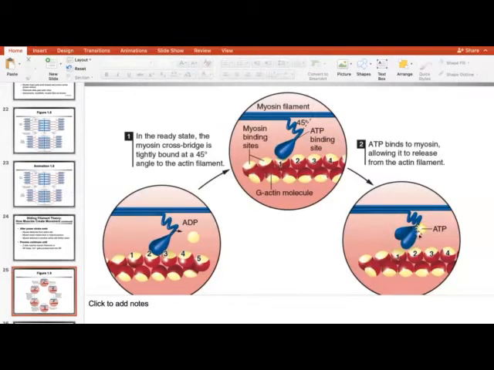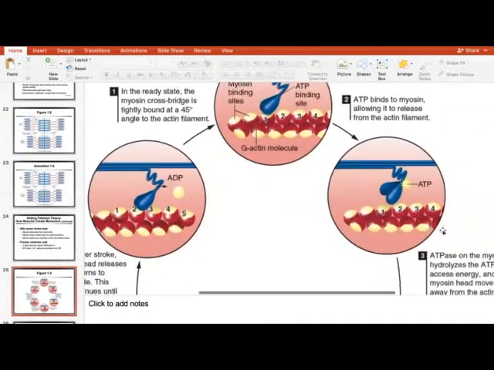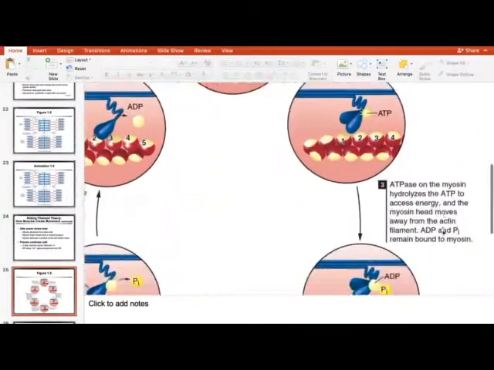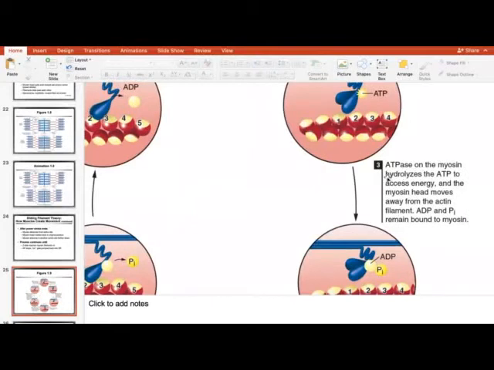Now, when ATP binds, what happens is the myosin head now detaches from the actin filament. The energy in that ATP is going to be released through hydrolysis. Hydro is water, and lysis, anytime a cell lyses, it breaks in half.